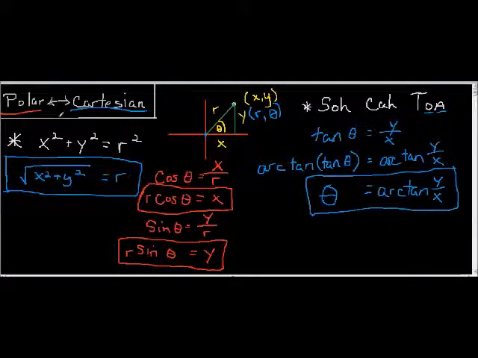And incidentally, as I'm looking at my little lesson here, if I really wanted to be color coordinated, I probably would want to say, okay, well, the ones in blue go from Cartesian, say you're given a Cartesian point of x and y, you can derive the polar from that.